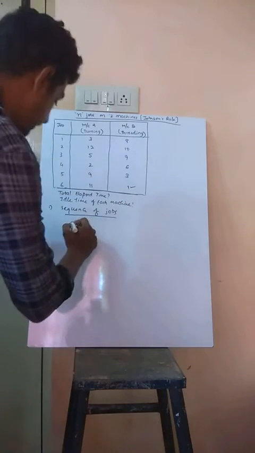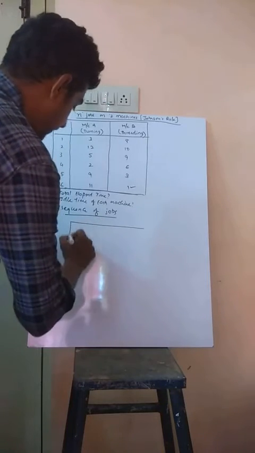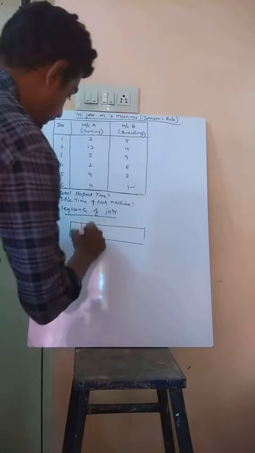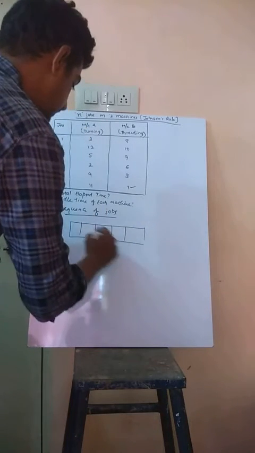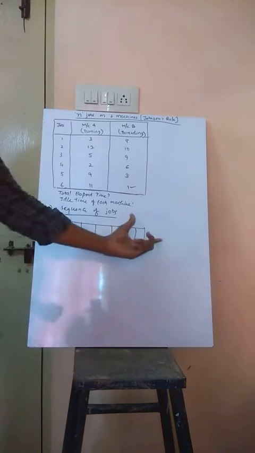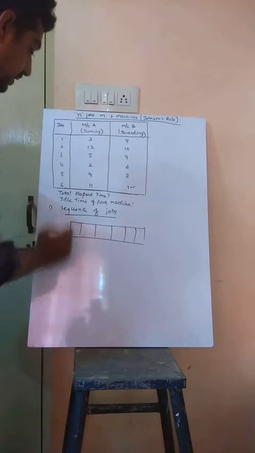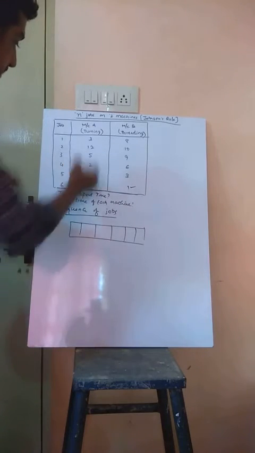That means we need to make some blocks, 6 blocks, based on the number of jobs.